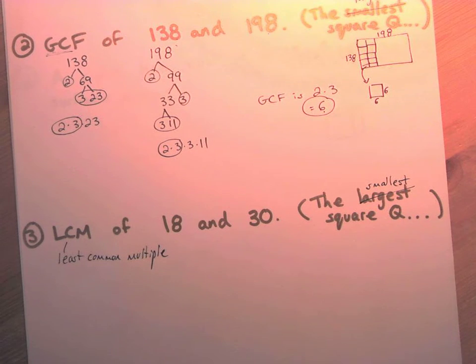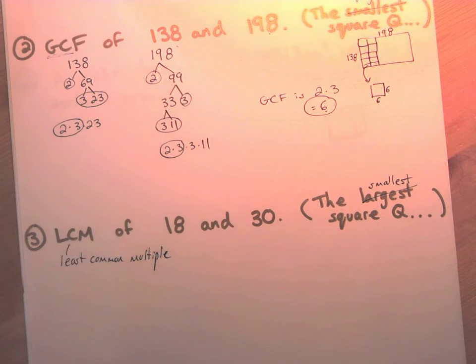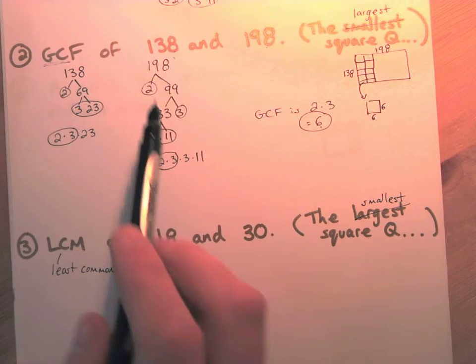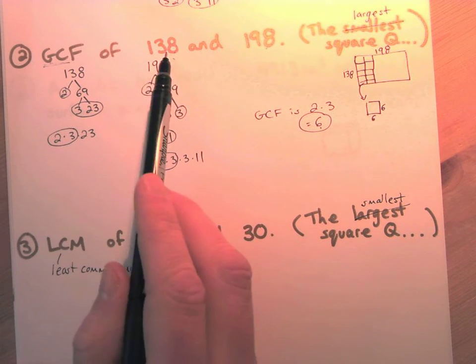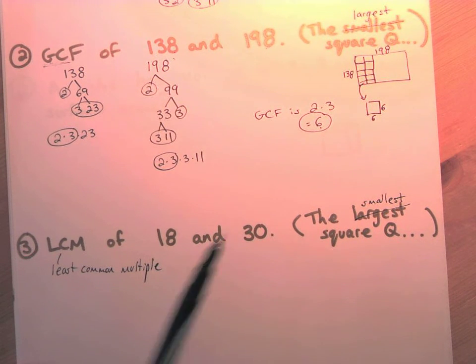A multiple is kind of the opposite of a factor. This is greatest common factor. A factor is the thing that divides evenly into something. A multiple is when you multiply your number. When you make it bigger, that's a multiple. So usually greatest common factor is smaller than your numbers, and least common multiple is bigger than your numbers.